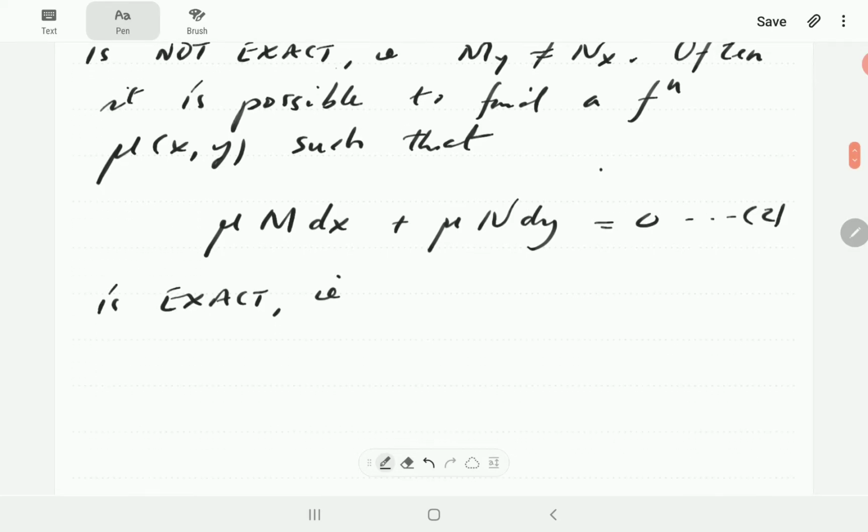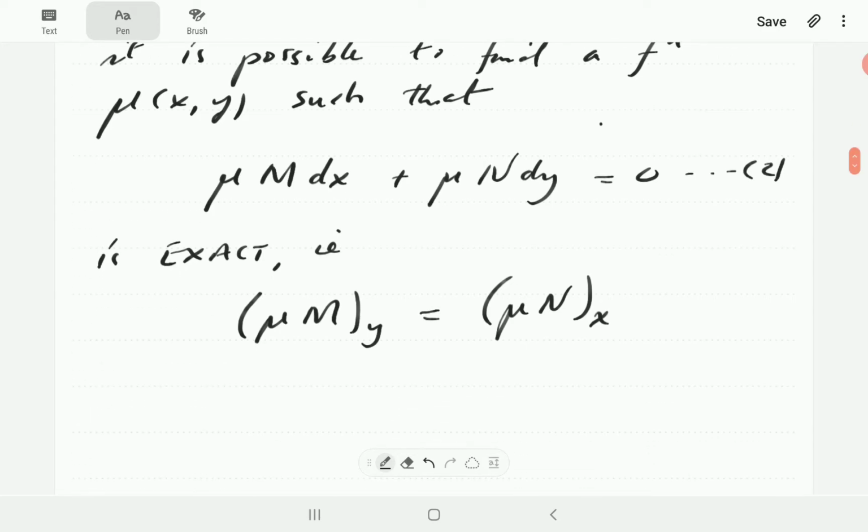What do we mean? If you take the coefficient of dx now and differentiate it with respect to y, it is going to be equal to the coefficient of dy differentiated partially with respect to x. Now the function mu is then called an integrating factor.